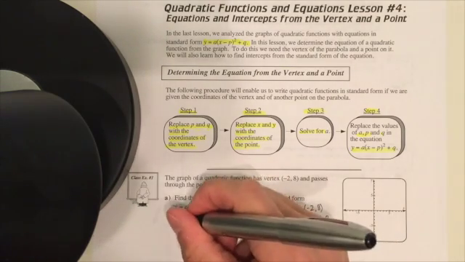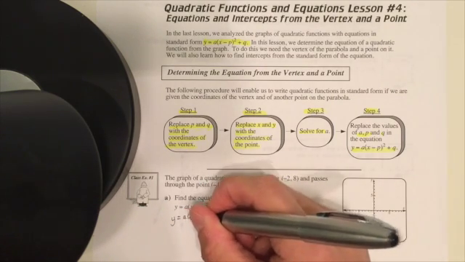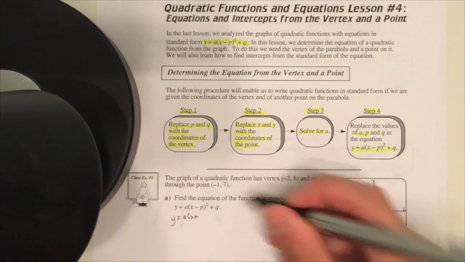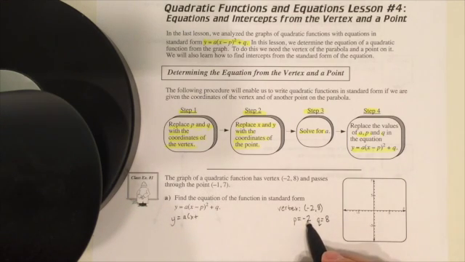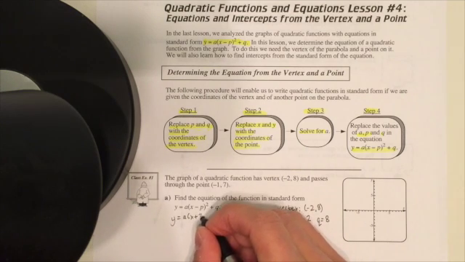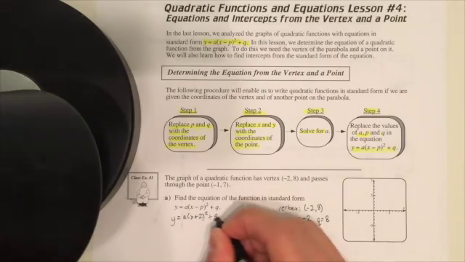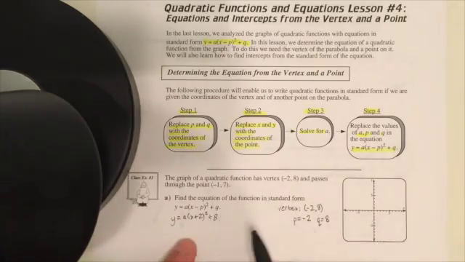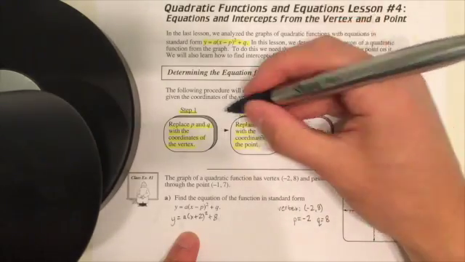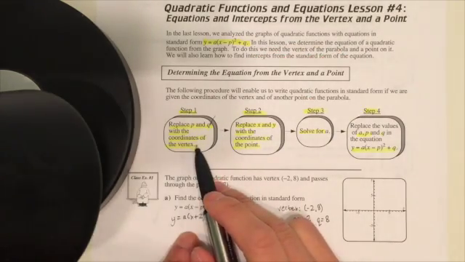If we plug this into our equation, we get y is equal to a times (x plus 2) squared. The -2 makes the negative a positive, and then plus 8.